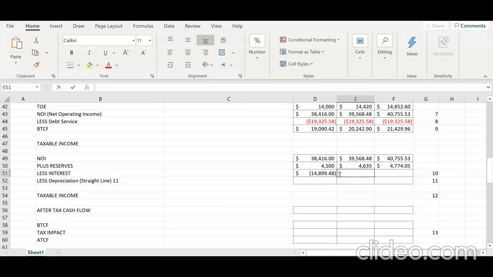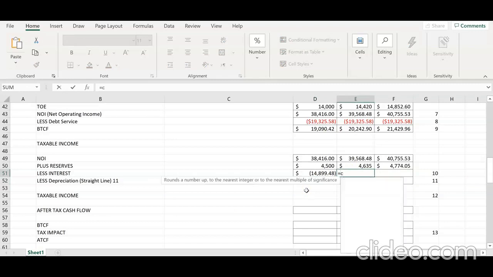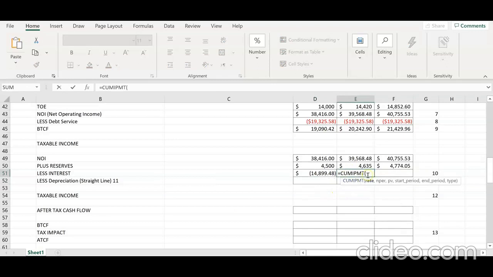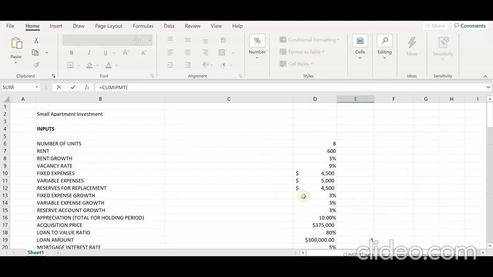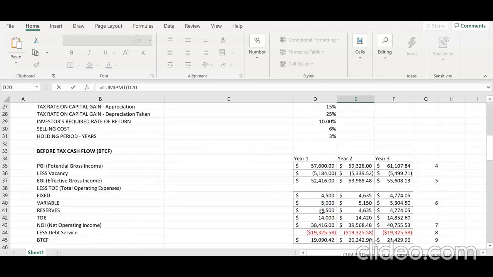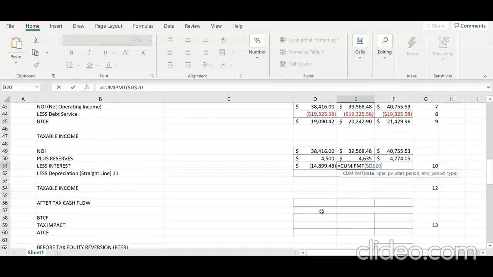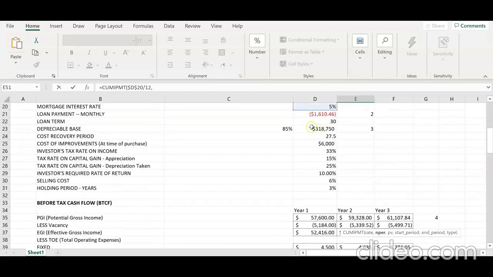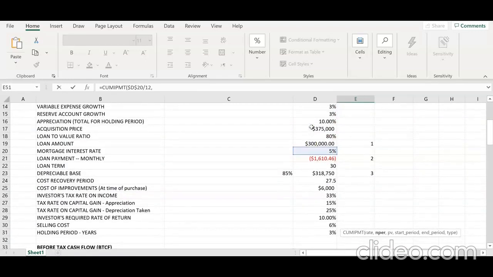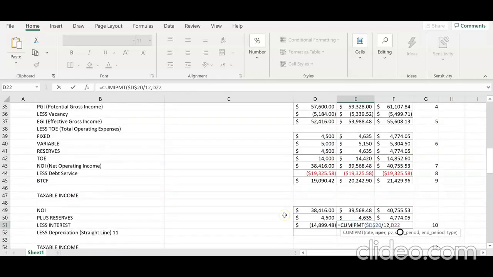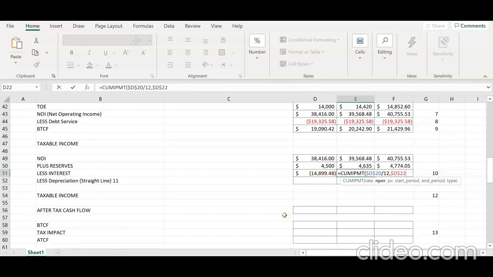For the second column it would be the same process, same formula, CUMIPMT, and then I go to the rate and lock it down, and then I divide by 12, and we're going to have the long term, which is 30, and lock it down.